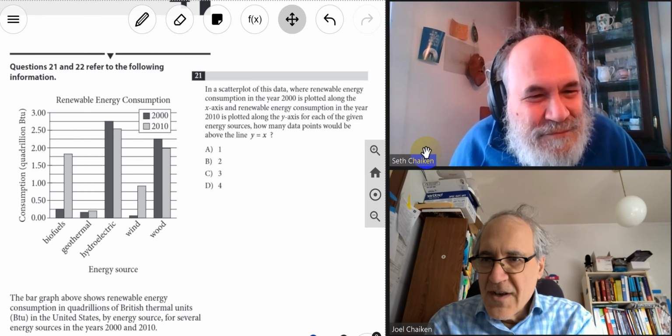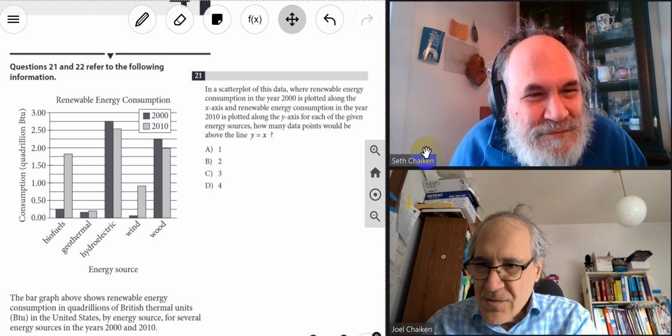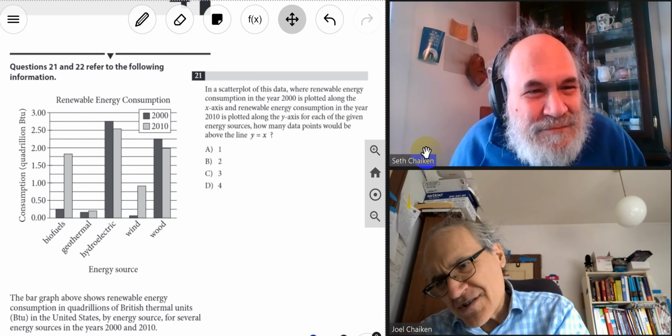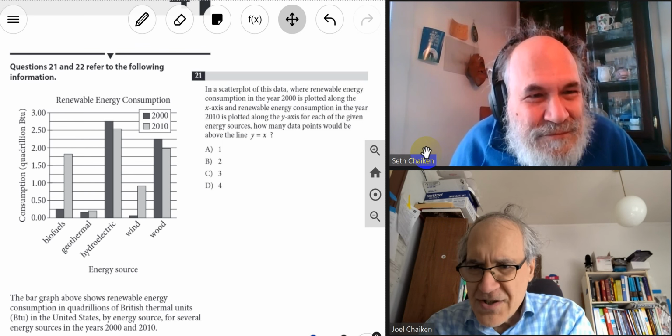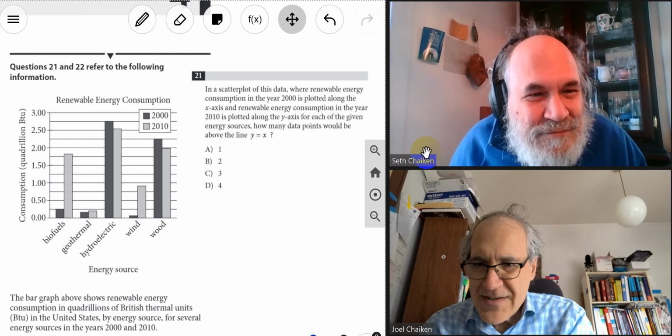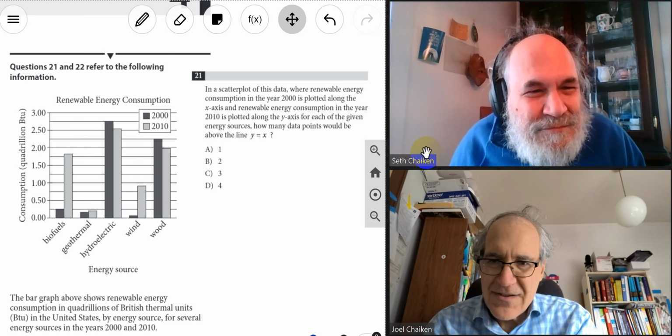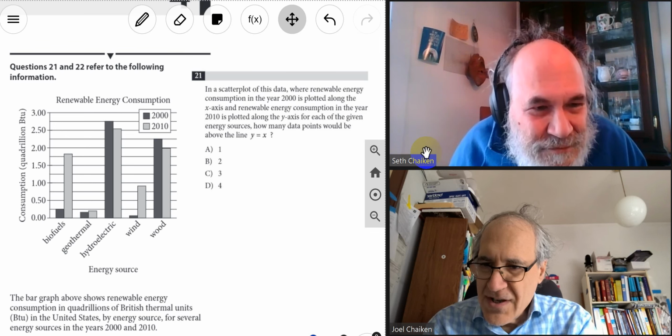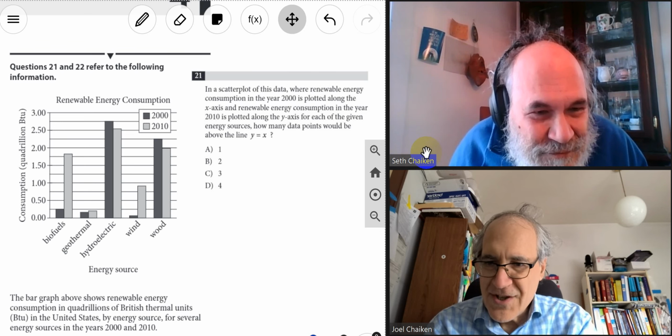These questions refer to the following information: consumption of renewable energy, basically related to the different types of renewable energy. Over 2 years, the bar graph above shows renewable energy in quadrillions of British thermal units by energy source for several energy sources during those 2 years, 10 years apart.